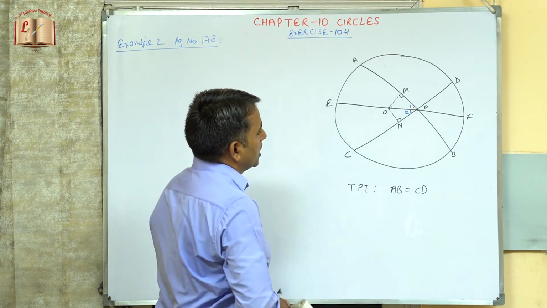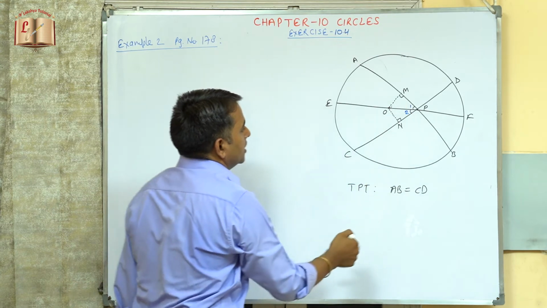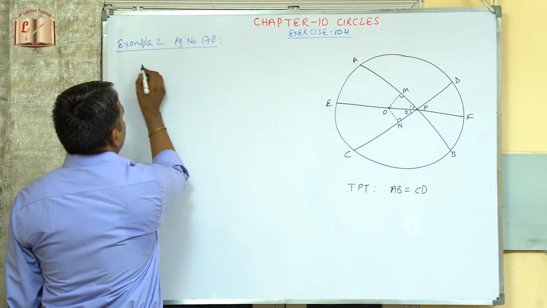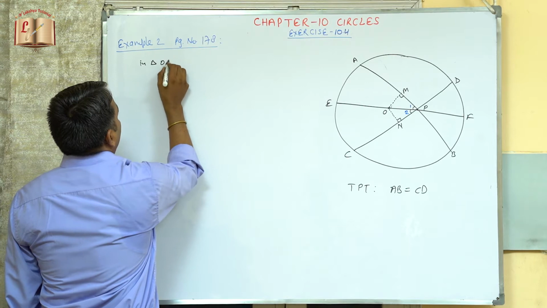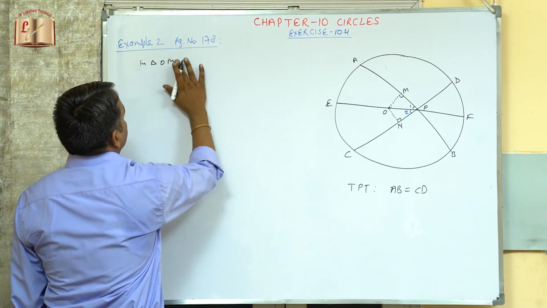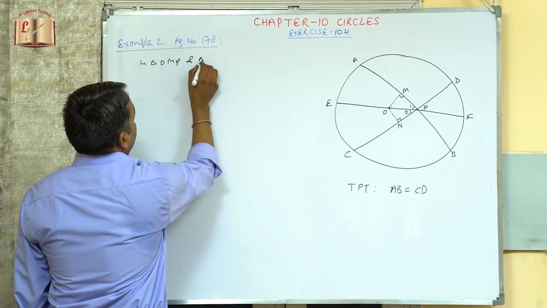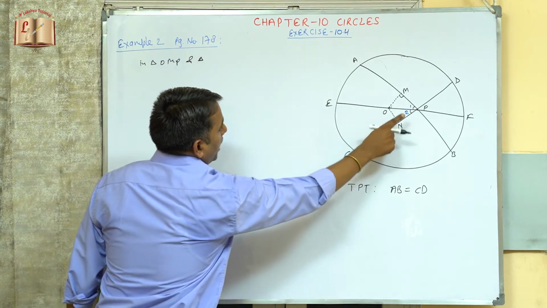So we will consider these two triangles, triangle OMP and triangle ONP.